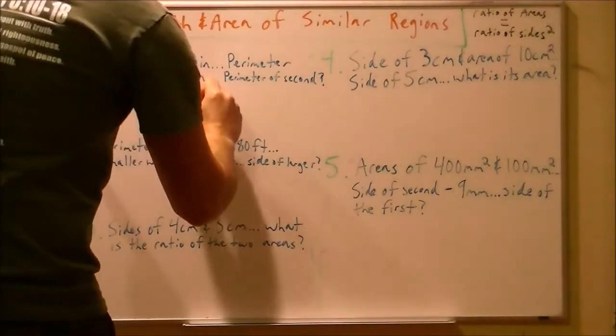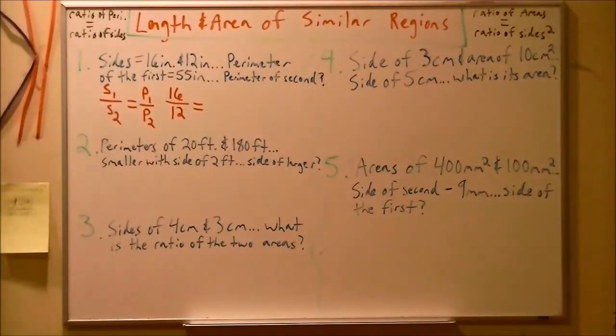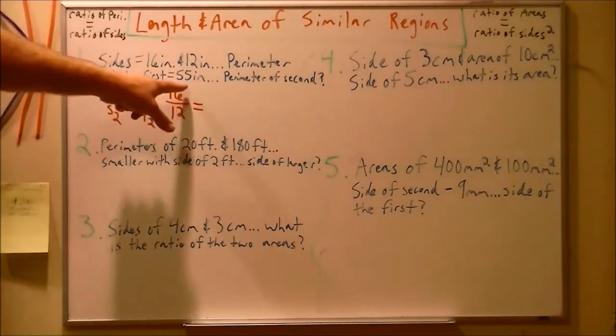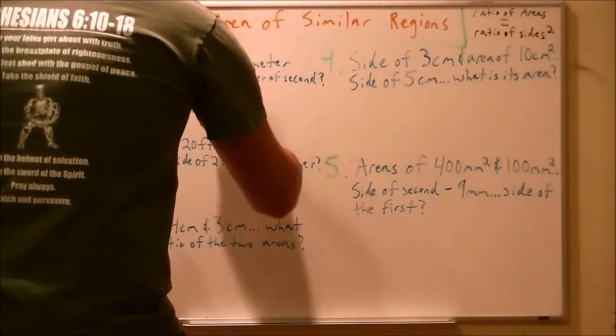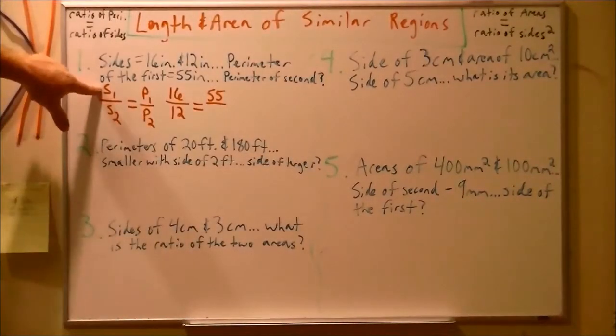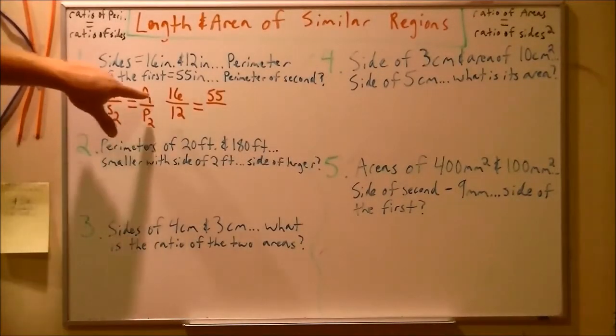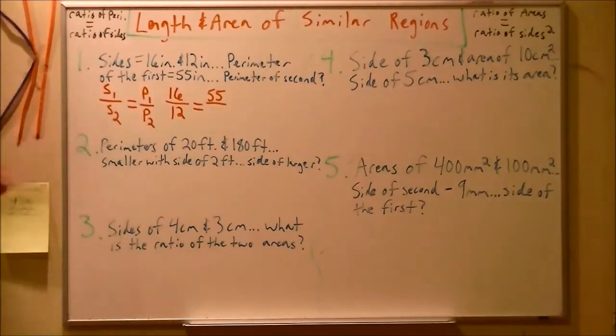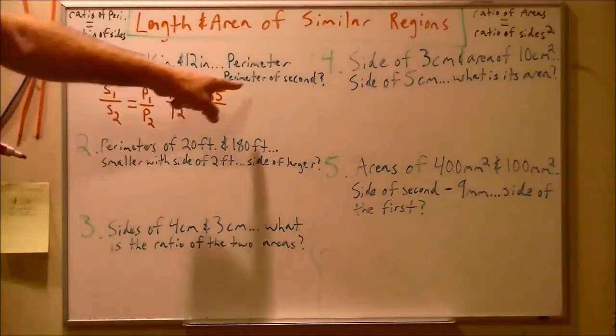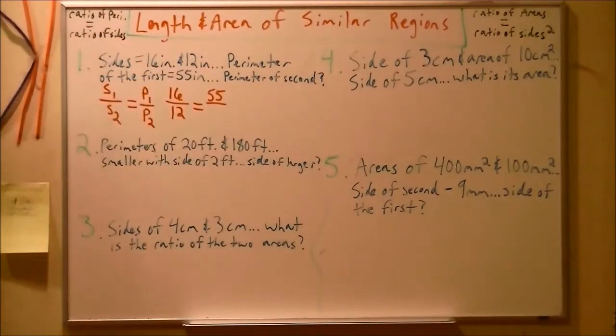Okay, equals, what's the perimeter of the first triangle? Do I know that? Perimeter of the first, yes, 55 inches. And so I'm going to put 55 on top directly across from side 1. They need to correlate. The perimeter of shape 1 needs to be directly across from the side of shape 1.